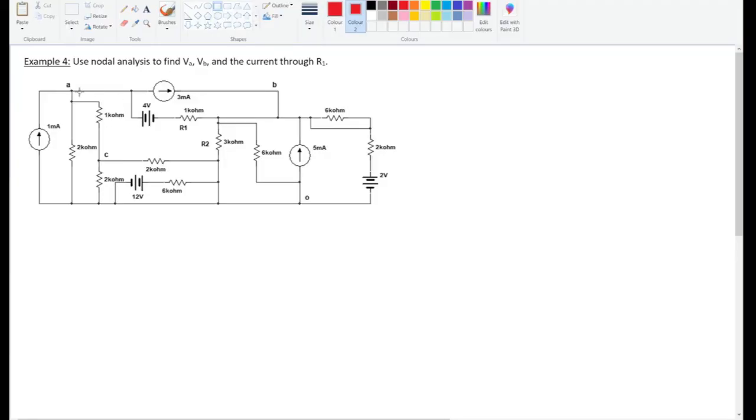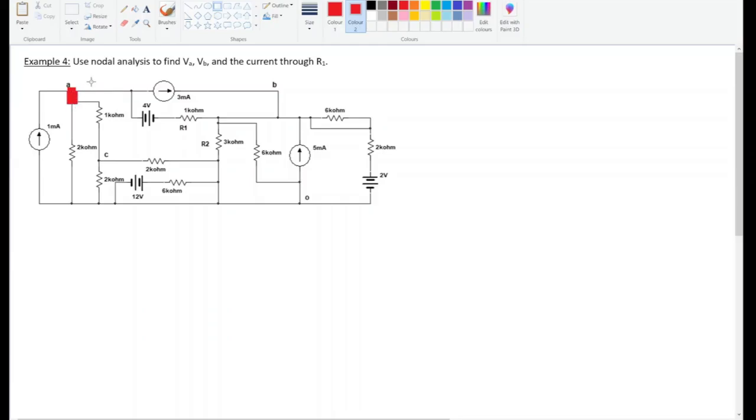Node A is connected to this other node over here, and that's actually the same node because there's nothing in between. There's no resistor, no capacitor, nothing between them. So the voltage between these two sections is exactly the same, which means they're the exact same node.